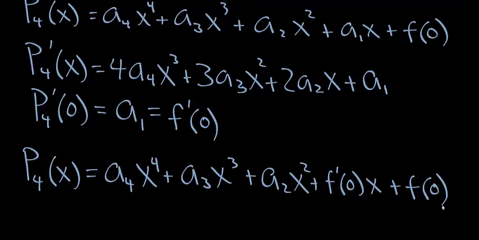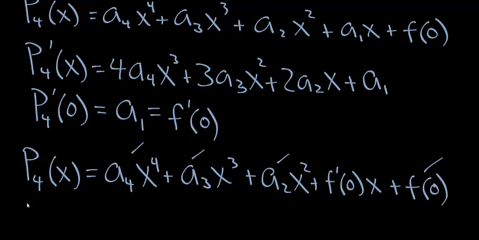Well, if you do p prime, all of these terms right here are still going to have x in it, right? This term is going to go away, and we're just going to be left with f prime of 0. So p prime of 0 indeed does equal f prime of 0. Everybody see that? So what we found is a polynomial that matches at those two places.